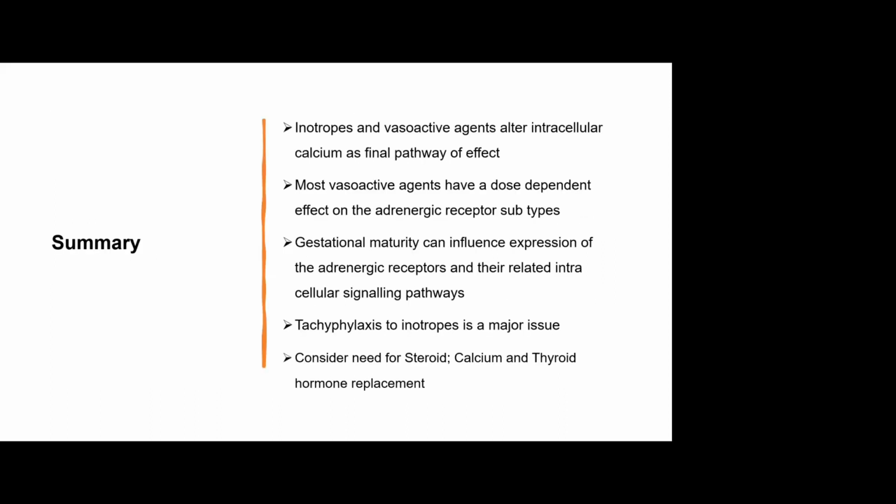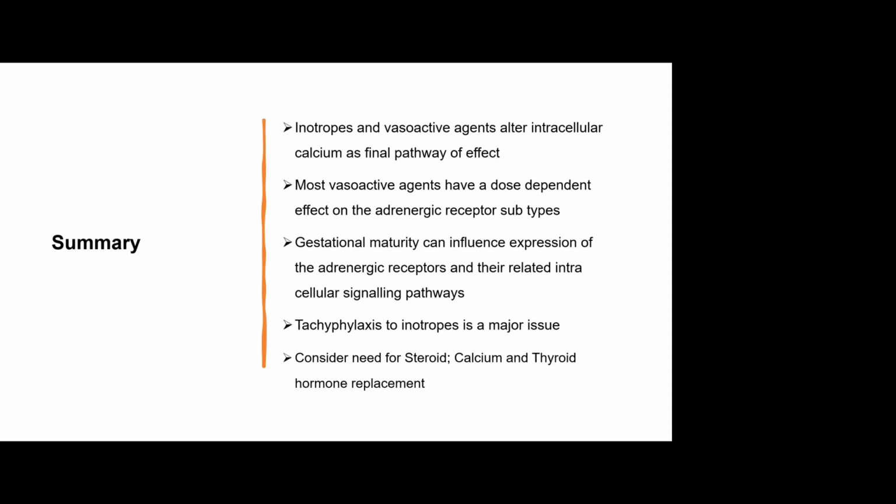inotropes and vasoactive agents, we understand that intracellular calcium, or the cytosolic calcium, is the final pathway. Now, in this whole pathway, you can add drugs which have an effect at different parts, like adrenaline and noradrenaline at the receptor level, milrinone at the phosphodiesterase cyclic AMP secondary messenger level, or levosimendan at the troponin C level, or you have vasopressin working on different receptors, or dopamine.